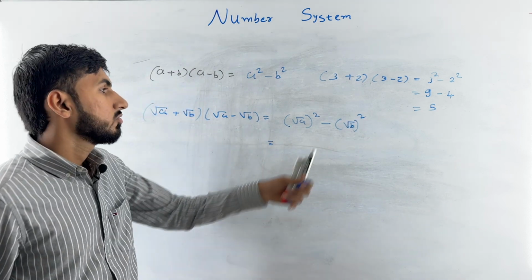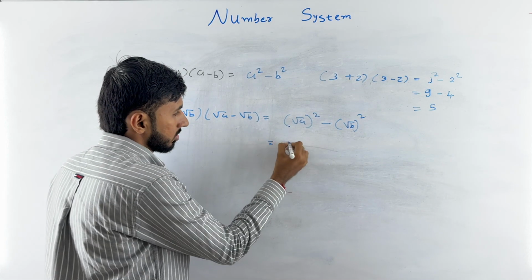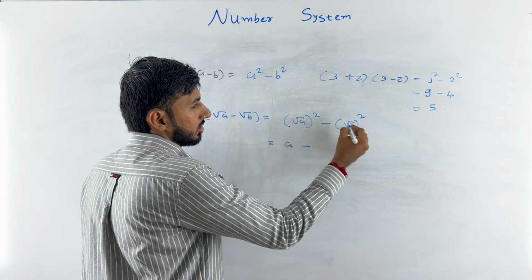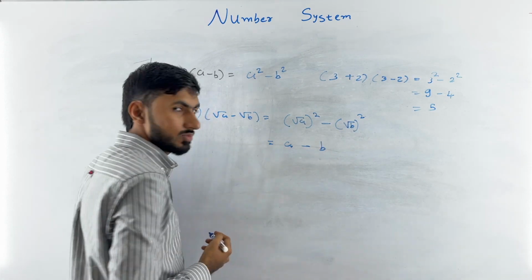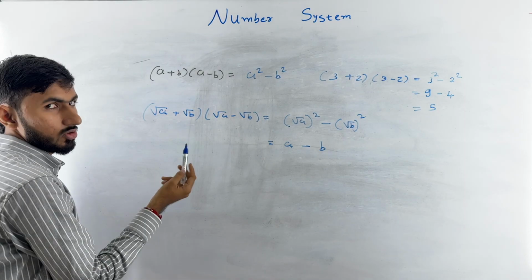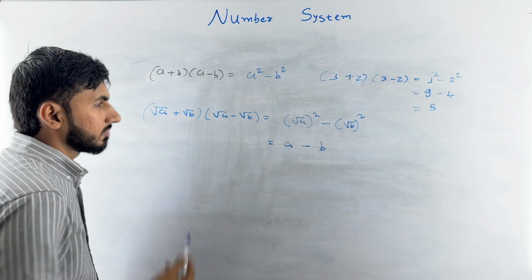We have just learned the square of any number with square root. We can simply cut square and square root, right? Answer is a. Now here also we can cut this, answer is b. So for square root of a plus square root of b multiply square root of a minus square root of b, our answer will be a minus b.